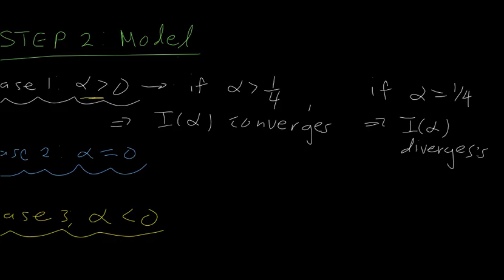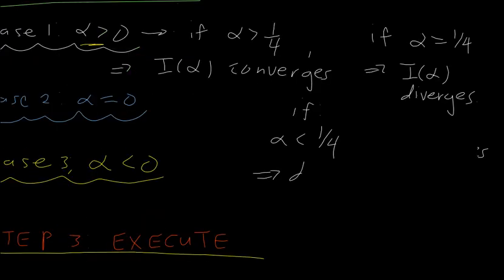So it diverges. Now, if alpha is positive but less than 1/4, what do you think will happen? Singularity is going to make it diverge. It diverges again.